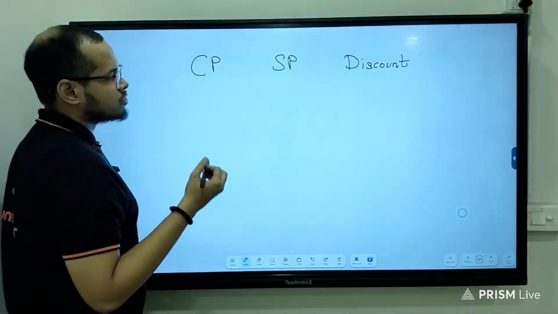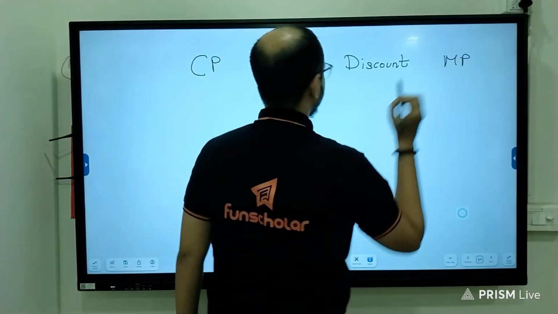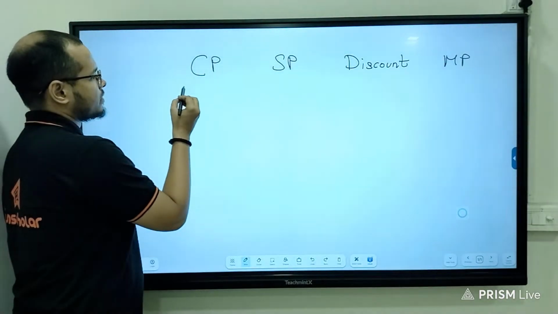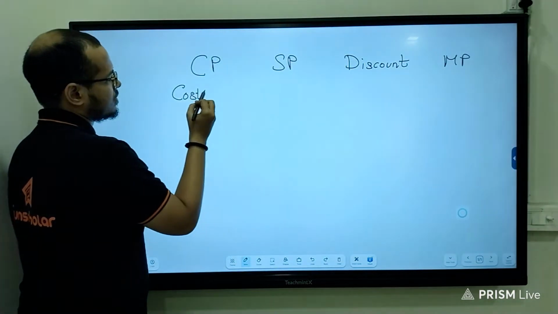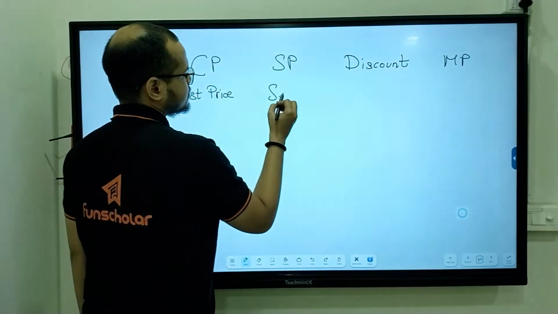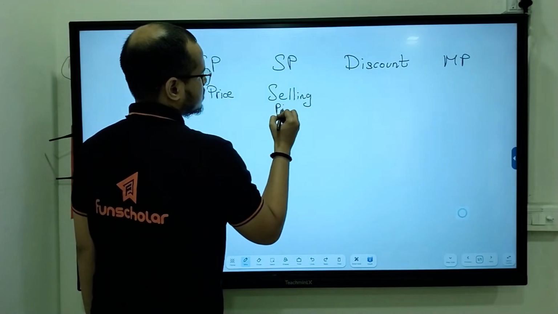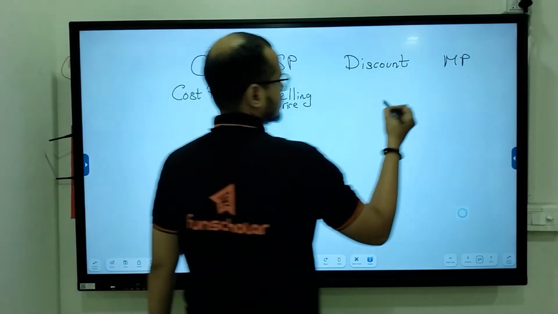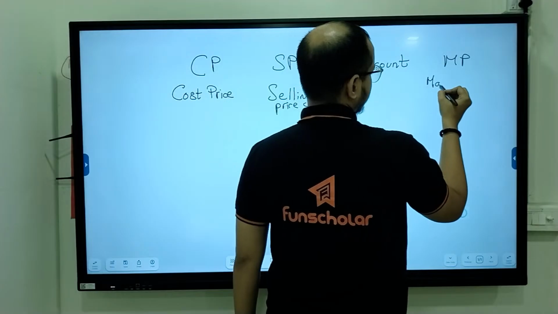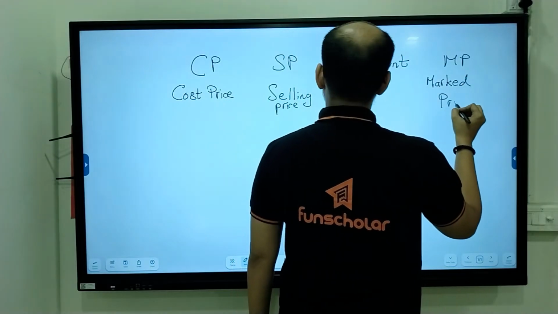And there is one more thing known as mark price, MP. I'm writing it down so that we can understand. Cost price, selling price, and this is mark price.